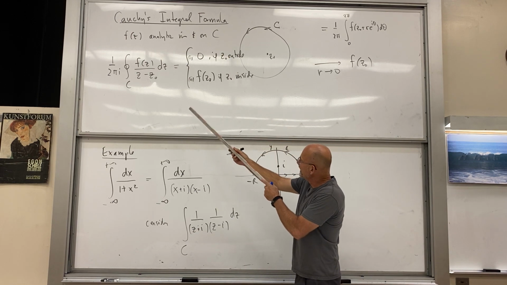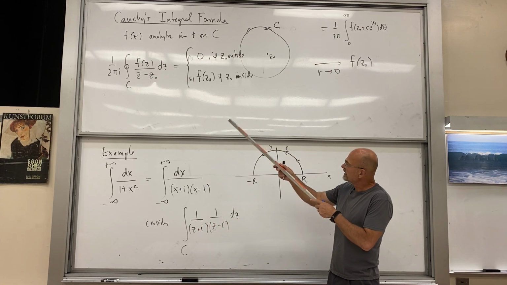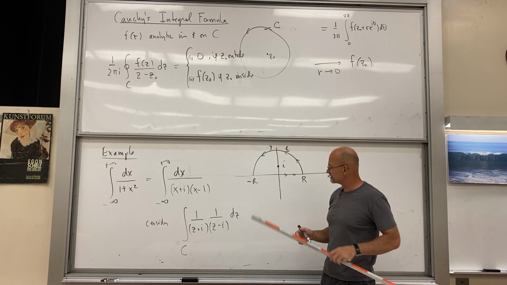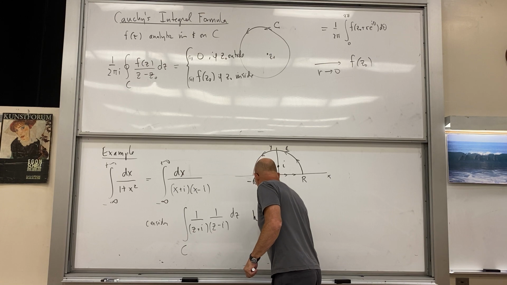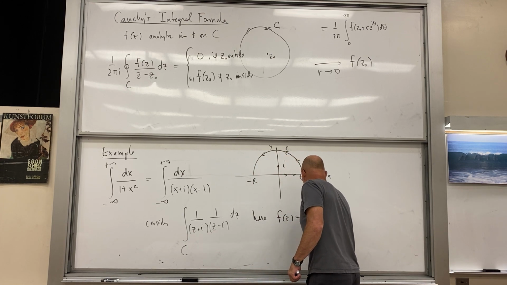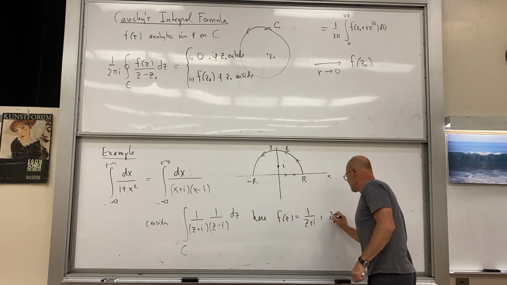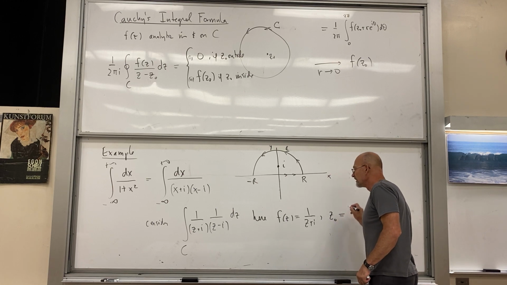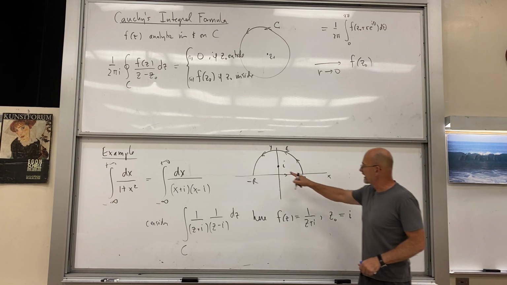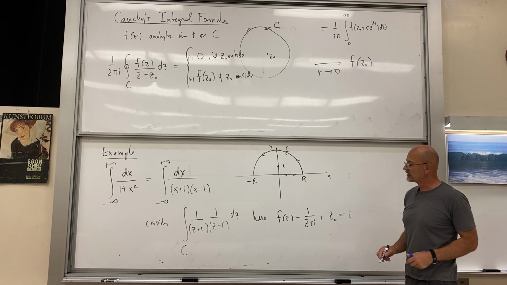Because our f of z is 1 over z plus i, and we're dividing that by z minus z sub 0, so i is equal to z sub 0. Here, f of z is equal to 1 over z plus i, z sub 0 equals i. That's this one. And we can apply Cauchy's formula.